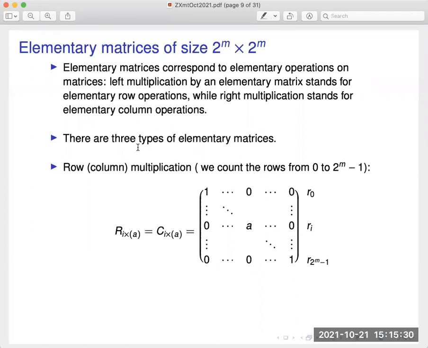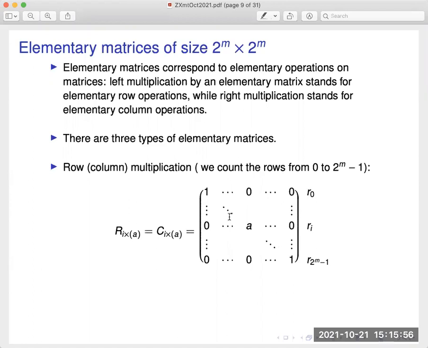So in total there are 3 types of elementary matrices. One is row or column multiplication. For example, here there is a 2^m times 2^m elementary matrix. We count the rows from 0 to 2^m minus 1. So this is 0, this is i, and this is 2^m minus 1.